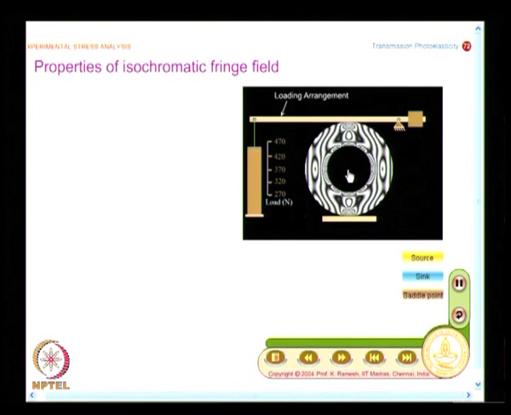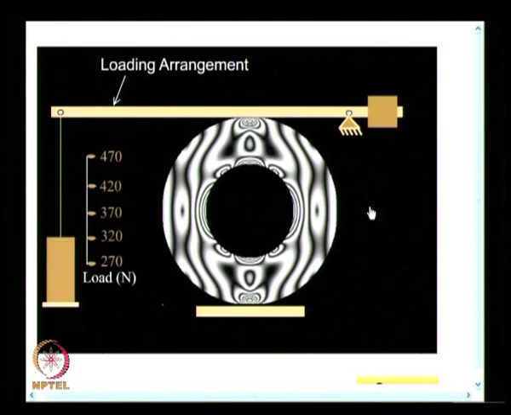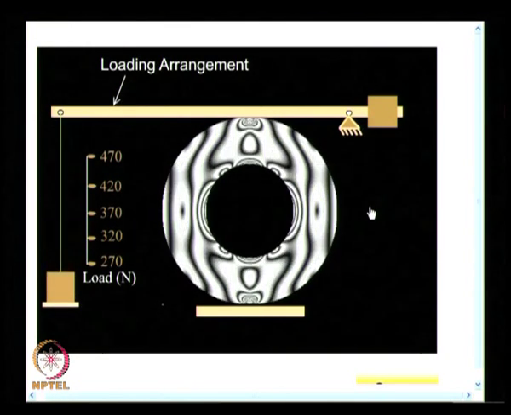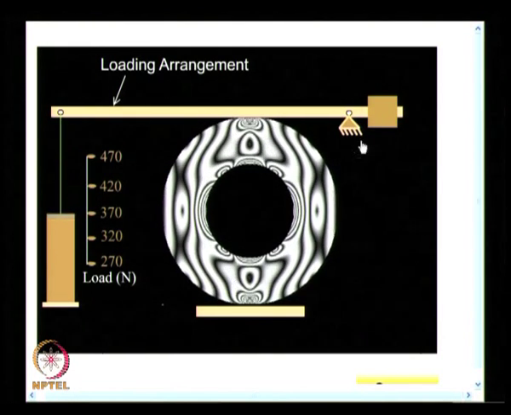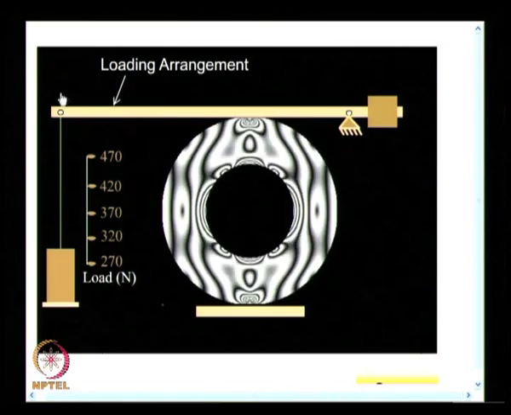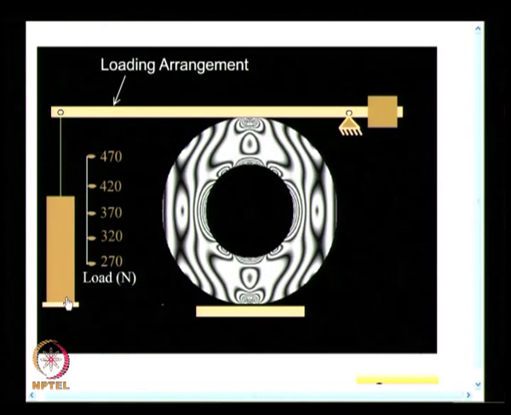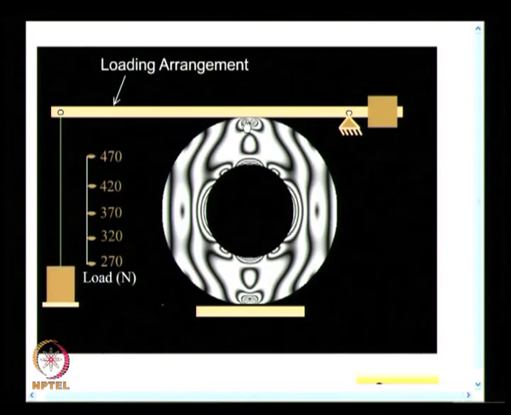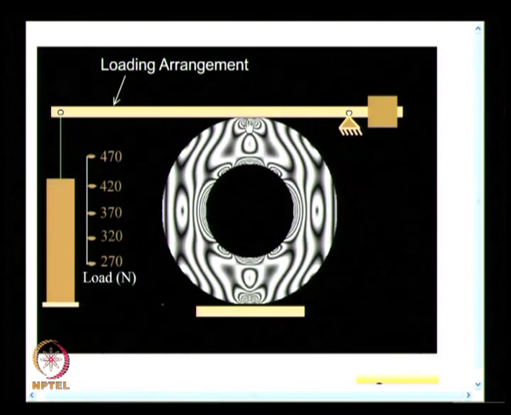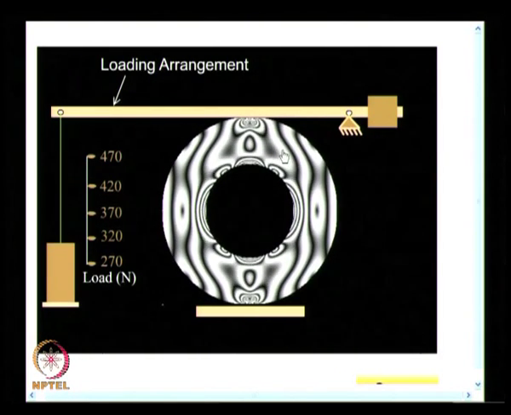I had already mentioned that fringe ordering in a ring under diametral compression is really complex. What is shown here is a conventional loading arrangement of a lever arm loading, in which the load is changed. So, essentially the load is increased and fringes form and then move out.